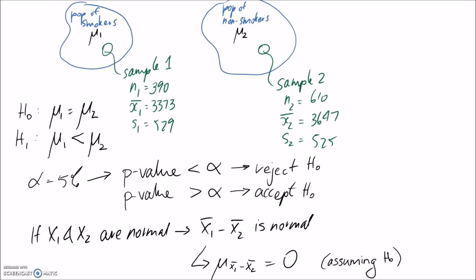Okay, so sample 1, we've reported standard deviation, which is 529, and here the standard deviation is 525. Just remember that the variance is equal to standard deviation squared. So here we can see that these values are very close to each other, so that probably means that we can assume quite easily that we have equal variance. However, if they were quite different, then you may not be able to make that assumption.